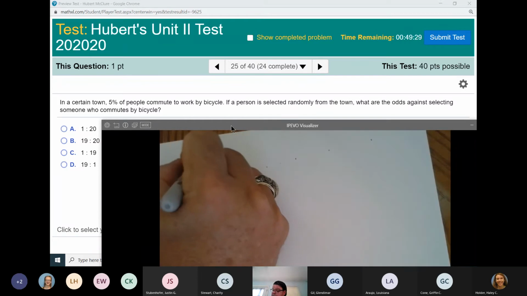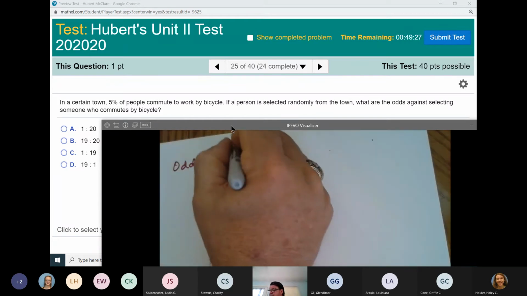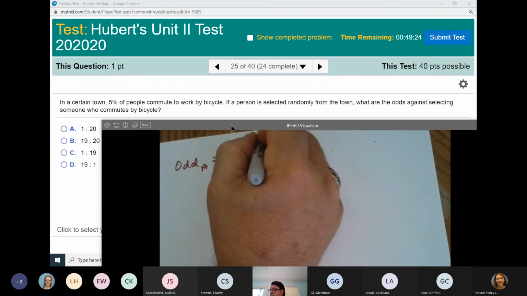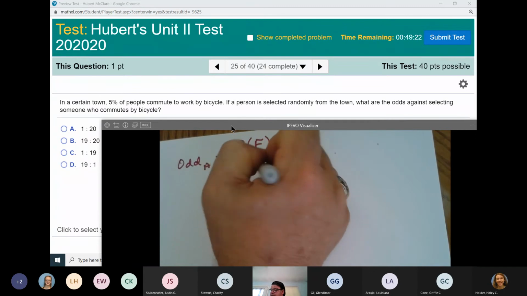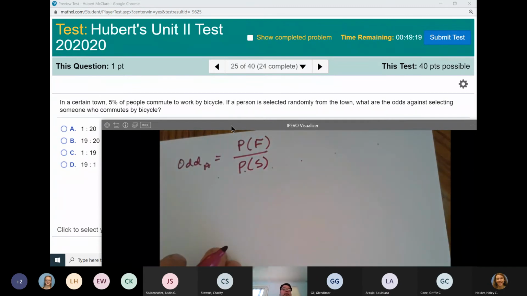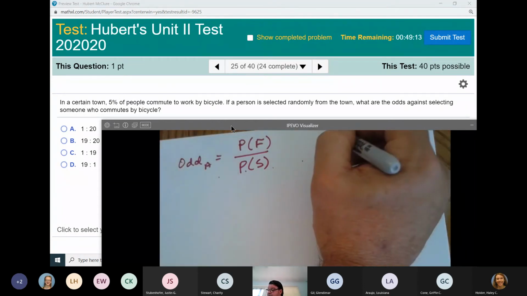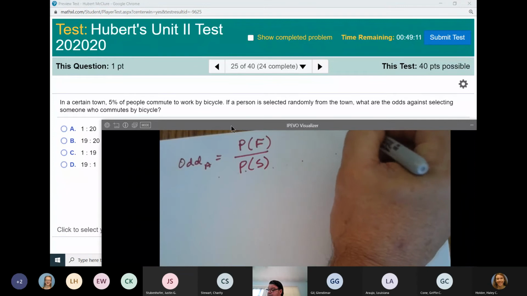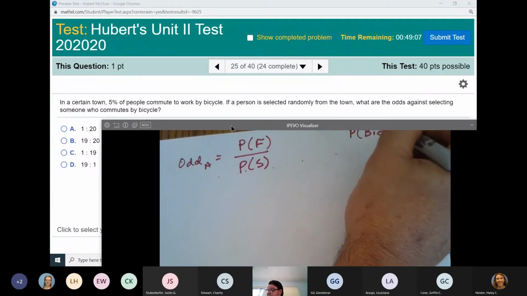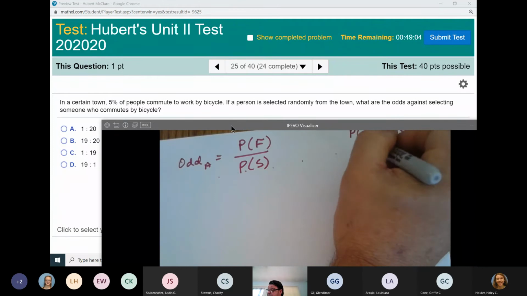Odds against is equal to the probability of failure over the probability of success. So picking a person riding a bicycle is success.